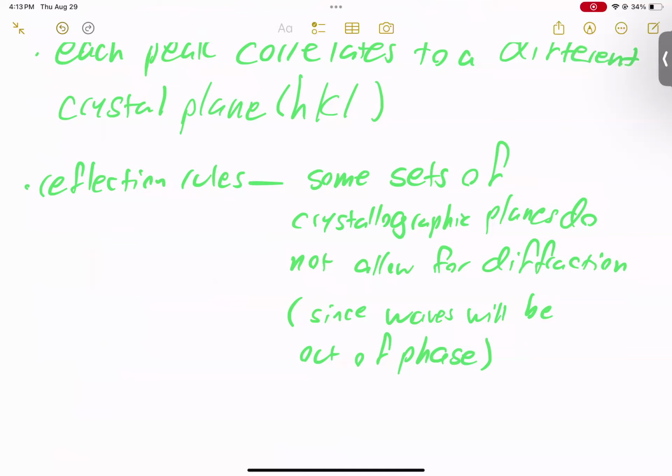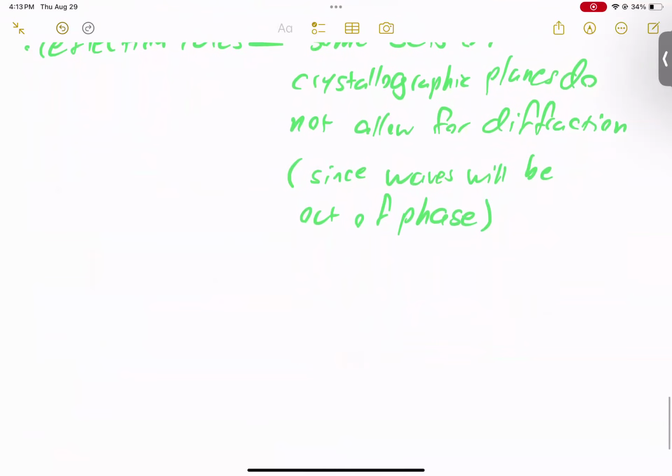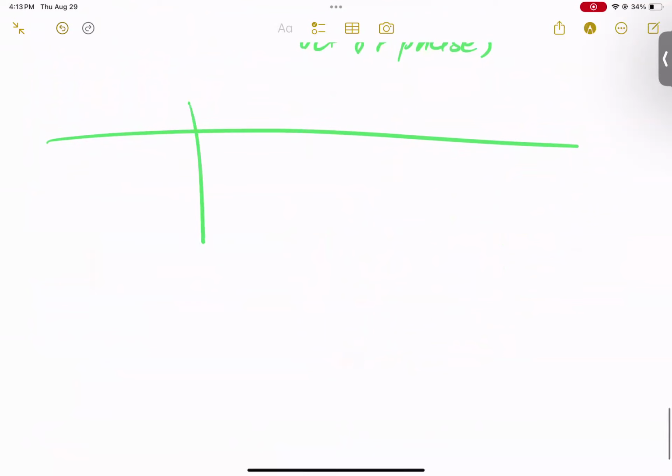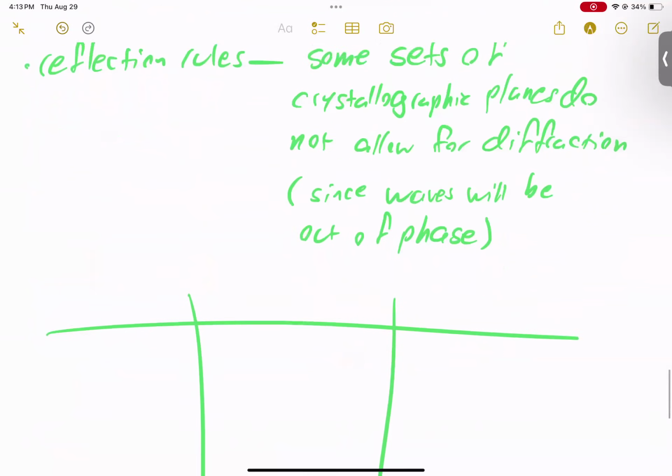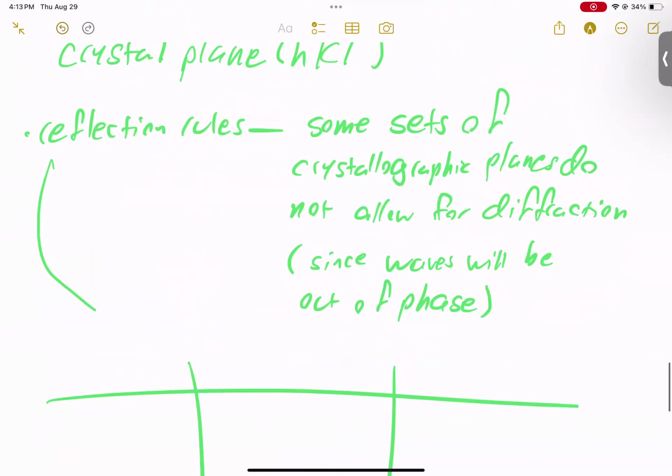So then the reflection rules, if I were to draw a little bit of a graph, is that we have the crystal structure, reflection present, and the peaks or the planes.